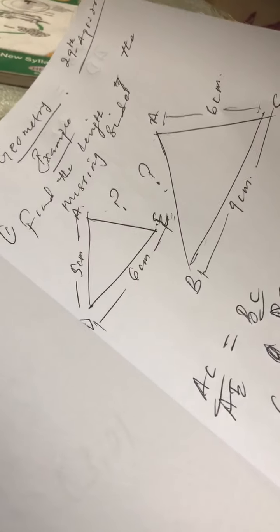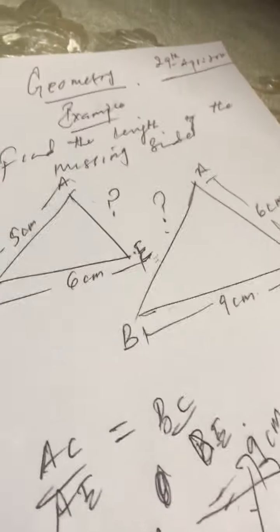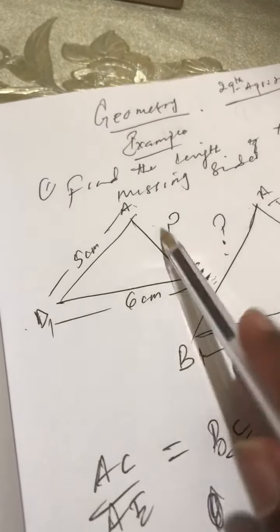So just substitute. We don't have any number for point A to B, that's what we need to find. What about point A to D? You can see here we have point A to D, 5 centimeters. So just substitute that 5.